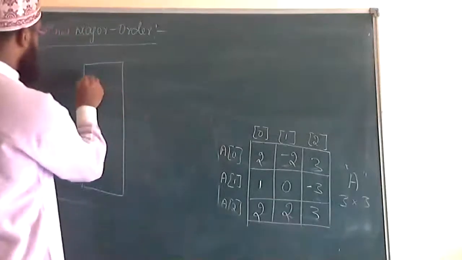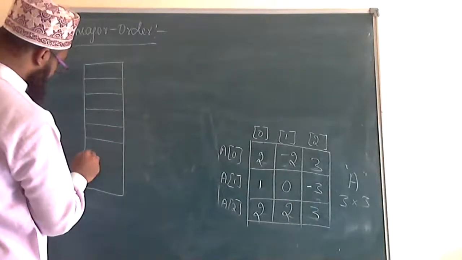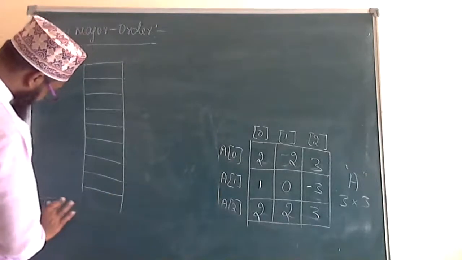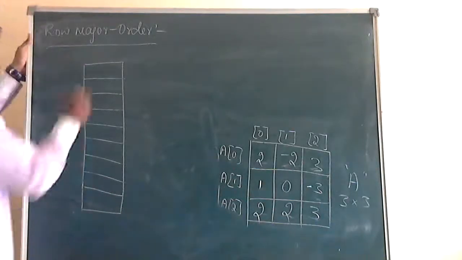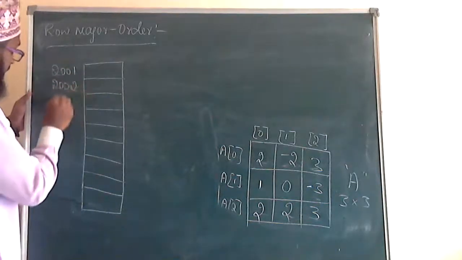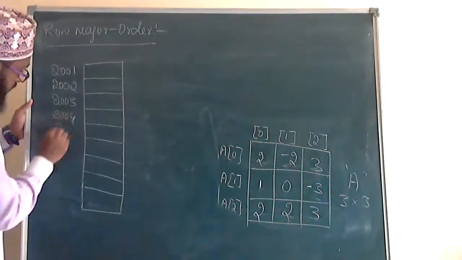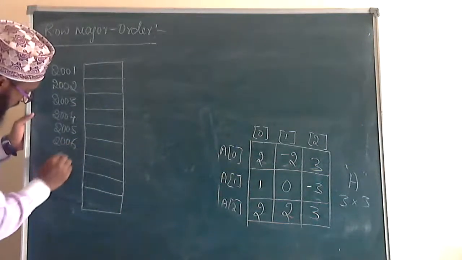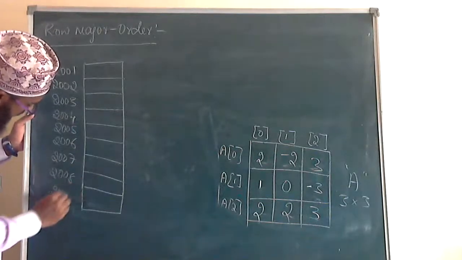How many elements are there? 9 are there: 1, 2, 3, 4, 5, 6, 7, 8, then 9. Take their addresses as 2001, 2002, then 2003, 2004, 2005, 2006, 2007, 2008, then 2009.